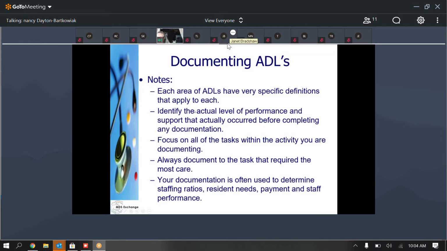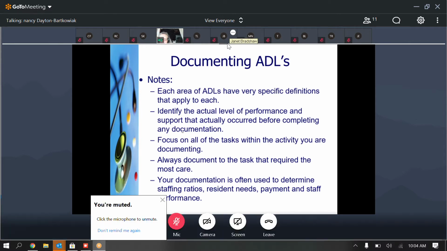Documenting the ADLs. Each area of ADLs has very specific definitions that apply to each, and we're going to get into that in just a few minutes. Identify the actual level of performance and support that actually occurred before completing any documentation.